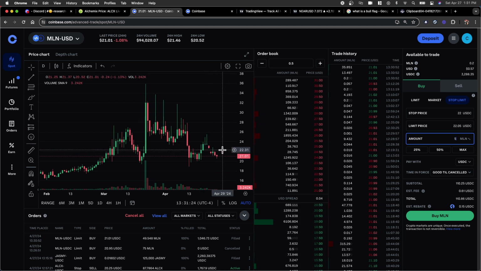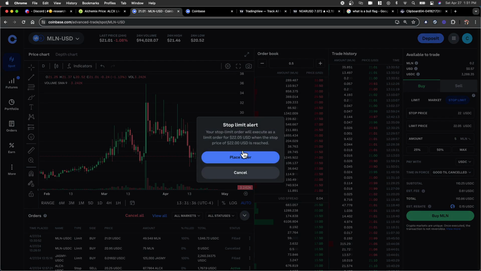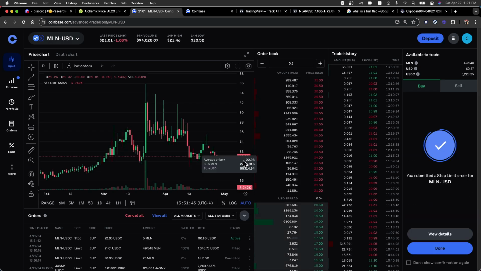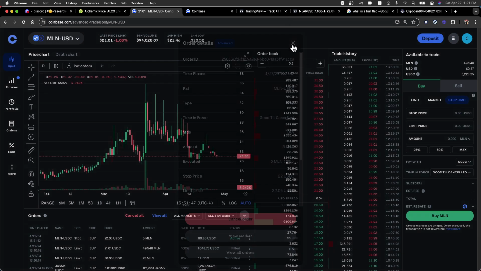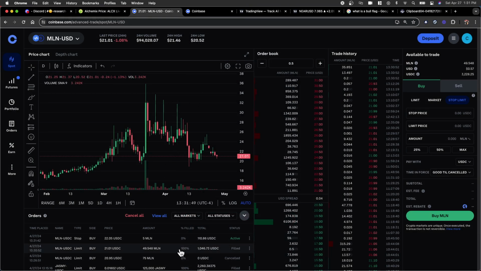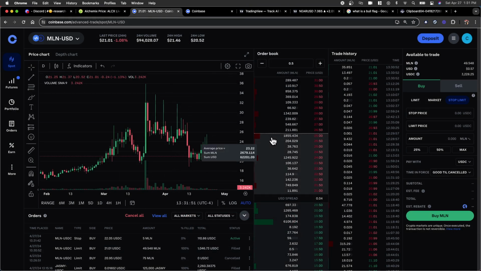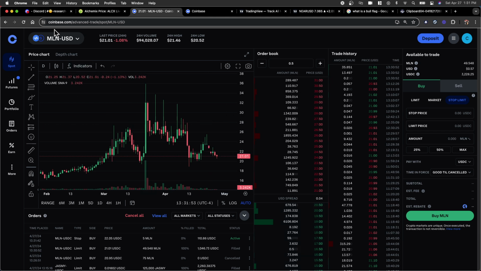So meaning I don't want to buy it until it breaks out over 22, because if it breaks 22, that means we're going to lift off. Okay? So this is just a test here. Your stop limit order will execute at 22.05 when the stop price of 22 is reached. Okay, so that's active. So that's how you do that. So you could set it to the upside just like you could set it to the downside. So that's very interesting.